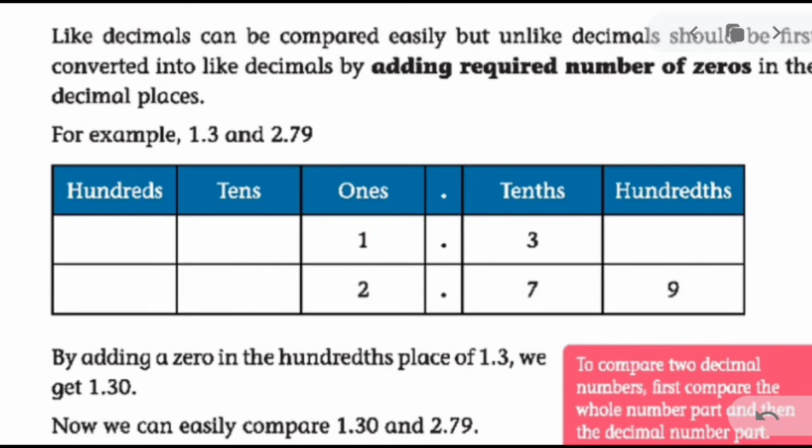Now we can easily compare 1.30 and 1.27. Both numbers are like decimals, so we can easily compare them. When we compare two decimal numbers, first compare the whole number part, then compare the decimal part.